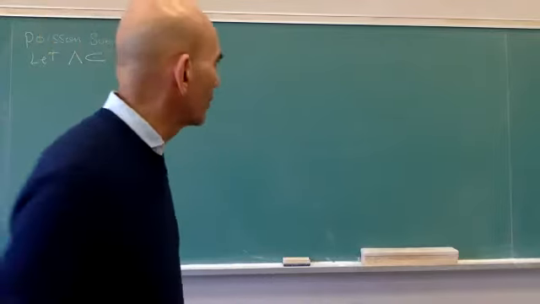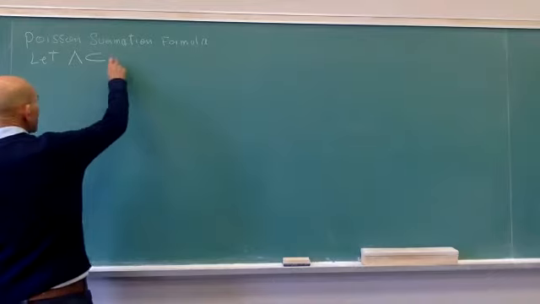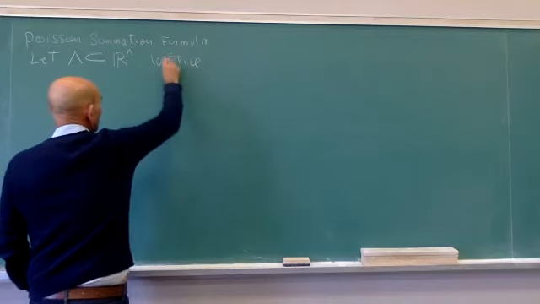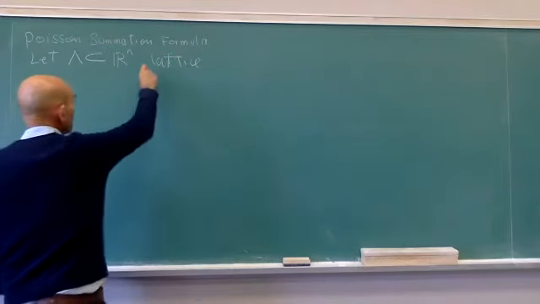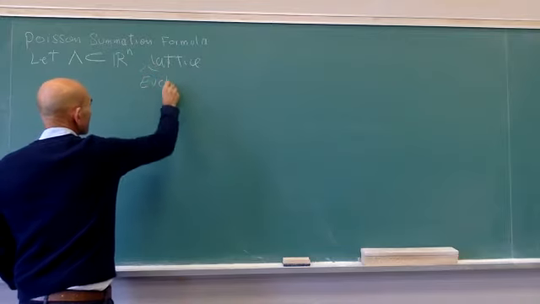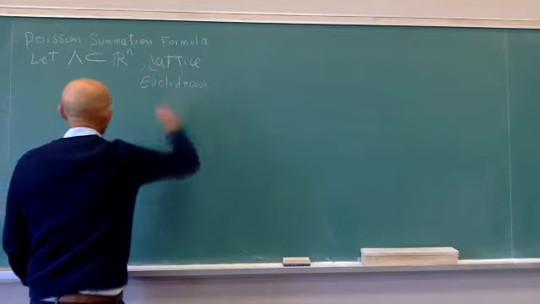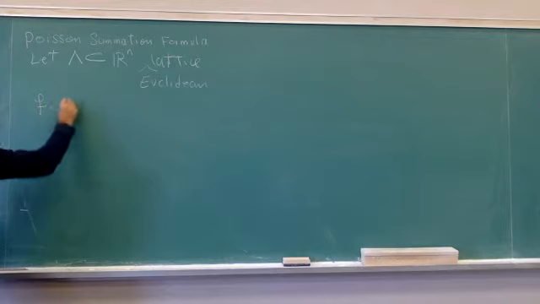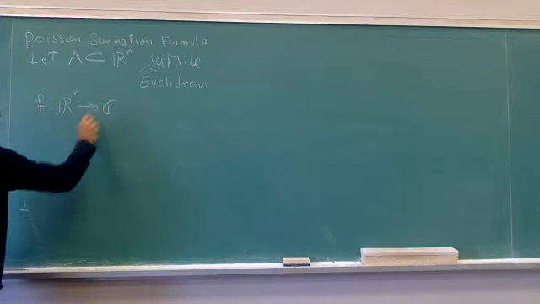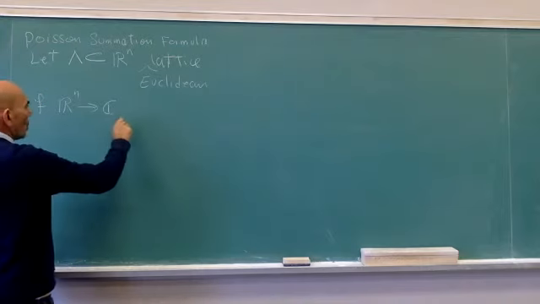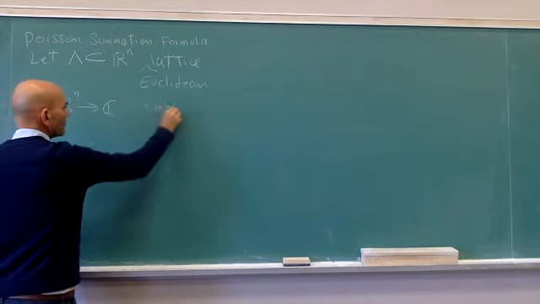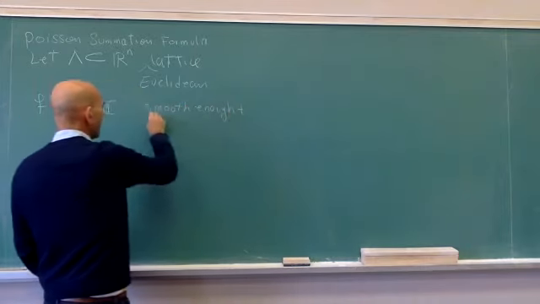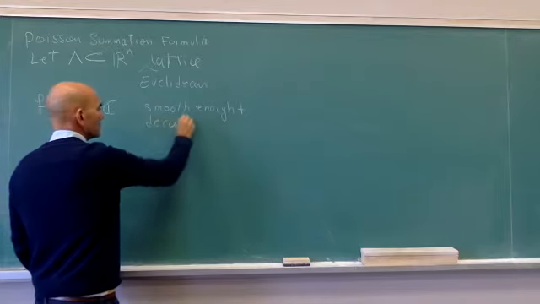So now let Lambda, a subset of R^n, be a lattice. As we already discussed several times, this is a Euclidean lattice. Again, let f from R^n to C be as before, smooth enough plus decaying enough.